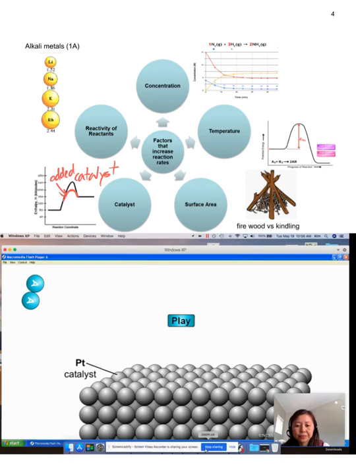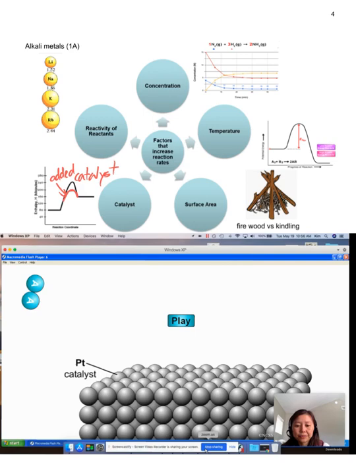And now the last factor that will increase the rate of reaction is something that you can only control to some degree, and that is the reactivity of the reactants. You can substitute certain reactants into a reaction that will speed up the reaction, and that's why I say you can only control that so much. The one we're going to look at is the alkali metals.